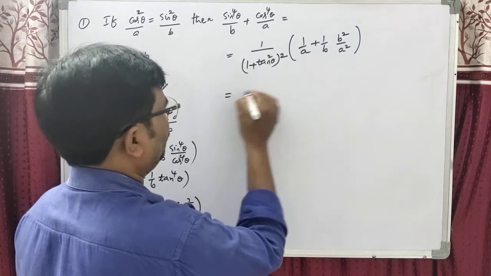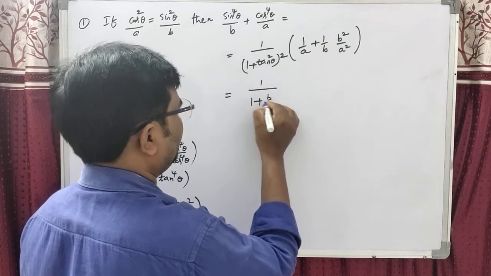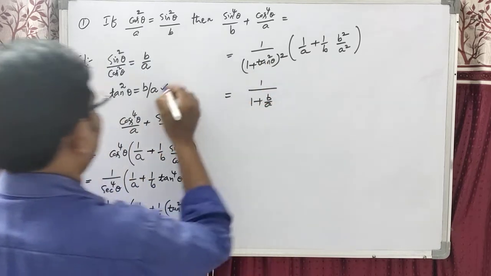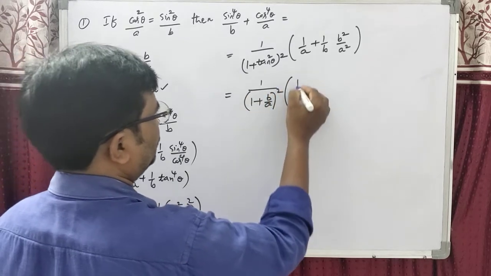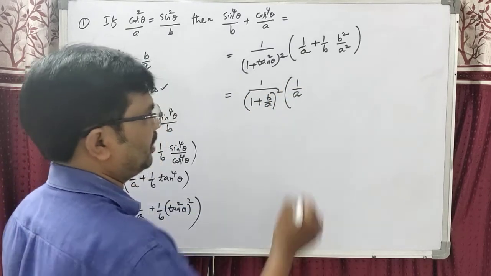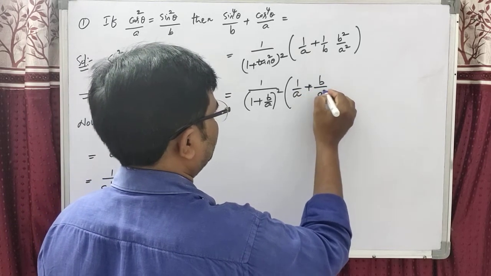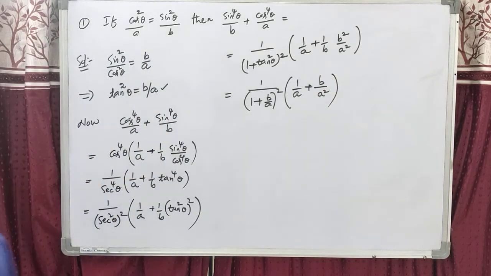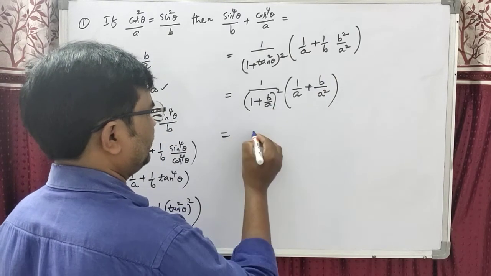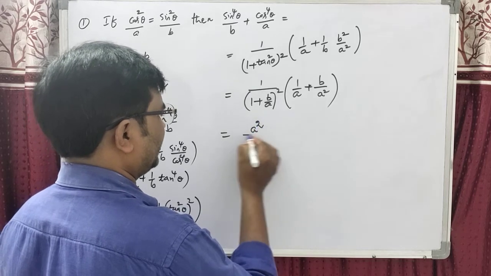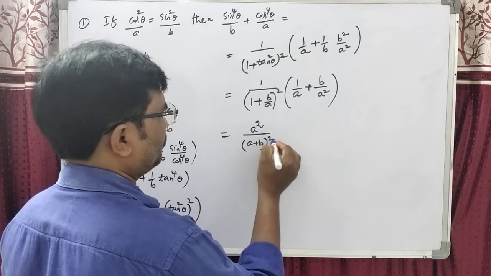Now, students, we can write 1 plus tan square theta, whose value is B by A, whole square. We can write 1 by A plus B by A square. Right now, students, A square is the LCM. Now sending to the numerator, A square by A plus B whole square.